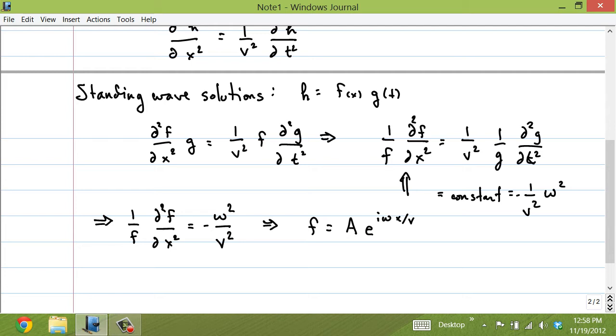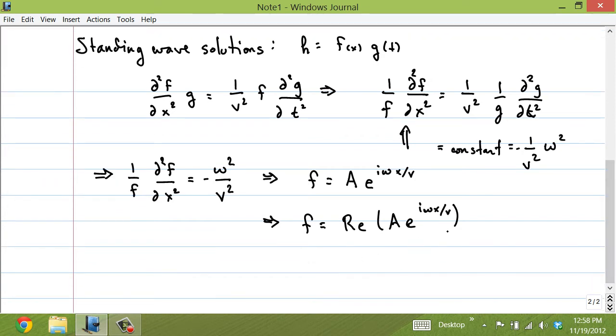So here I'm using the complex notation for the solutions of the wave equation. And for example, if you wanted to write down a real solution to the wave equation, you could just take f to be the real part of A e to the i omega x over v, which would be equal to, for example, some linear combination of sines and cosines of the sort that we considered last time.